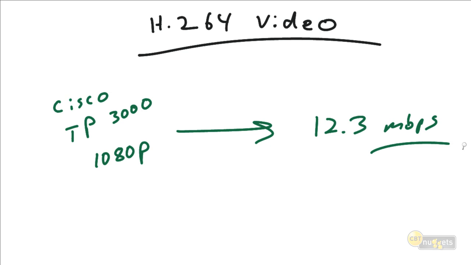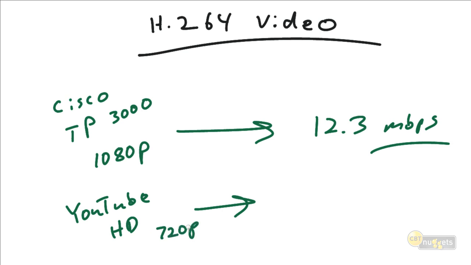This would change, of course, rather dramatically if you were doing like YouTube, even high def YouTube. We're going to squash that down to 720p, by the way, and we'd find about 2 megabits per second required for that video information to converge over your data network.